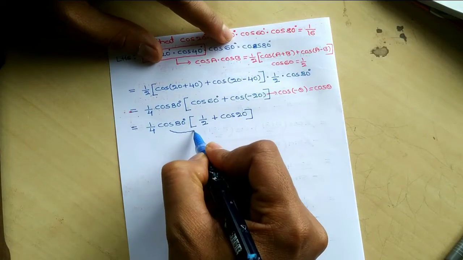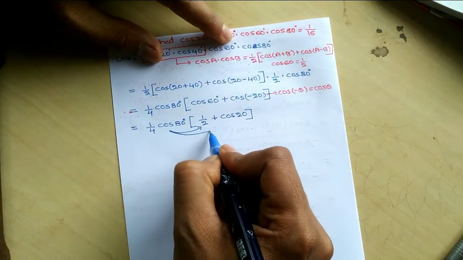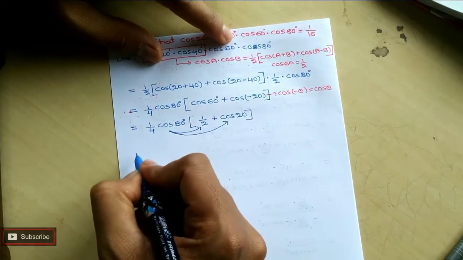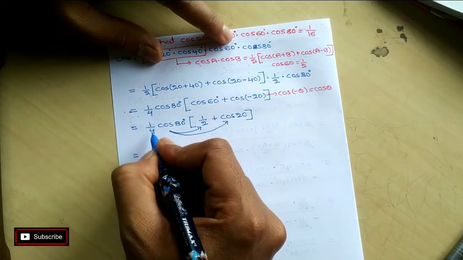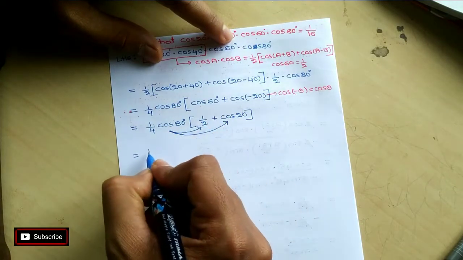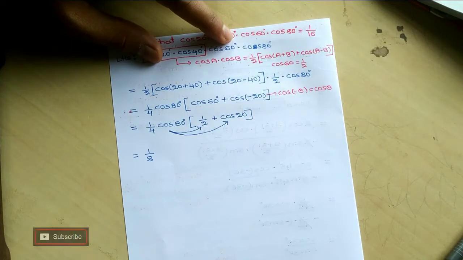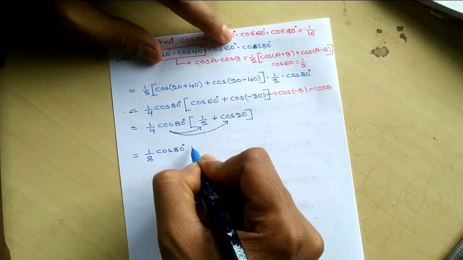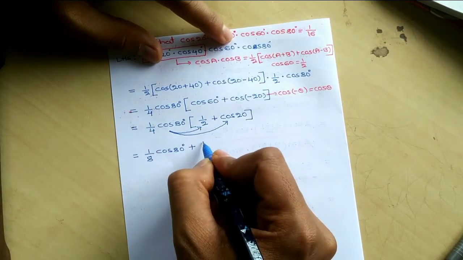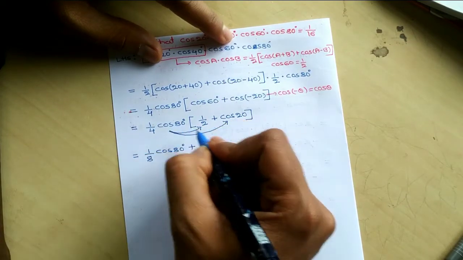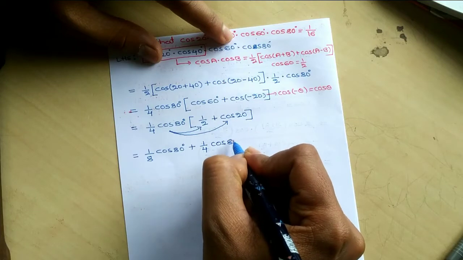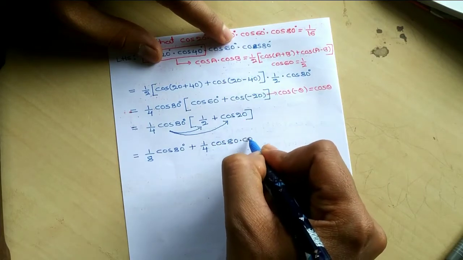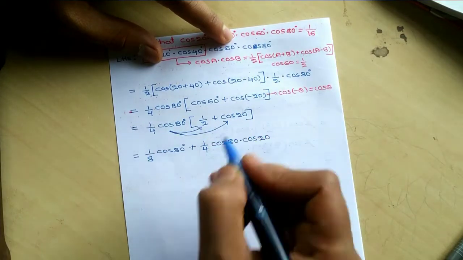Next, open the bracket. These two you multiply. So which is equal to 1 by 4 into 1 by 2, that is 1 divided by 8 cos 80 degree, plus 1 by 4 into cos 80 into cos 20. Correct? Open the bracket.